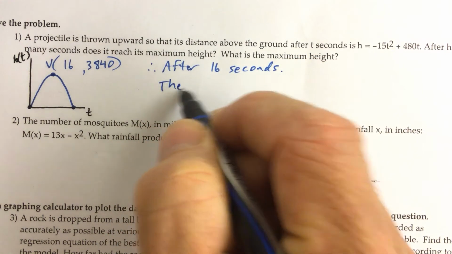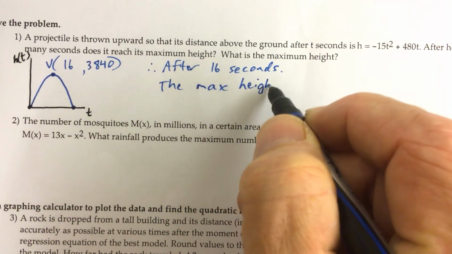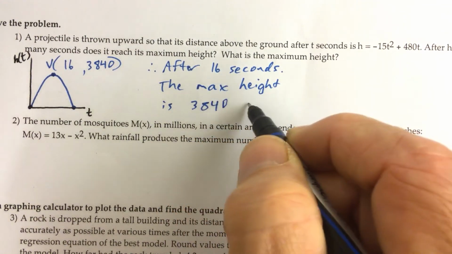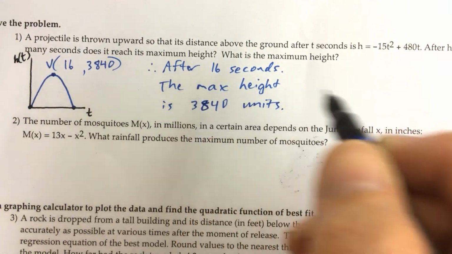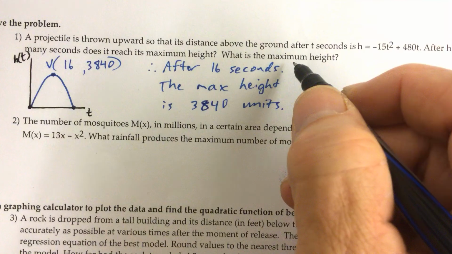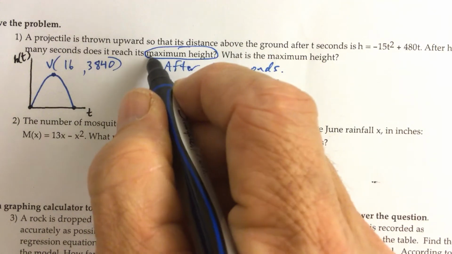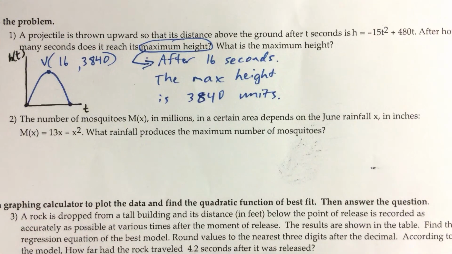The max height is 3,840 units. We don't know what the units are, probably feet, but we don't know. So after 16 seconds, it reaches its max height. And that is how you do it.